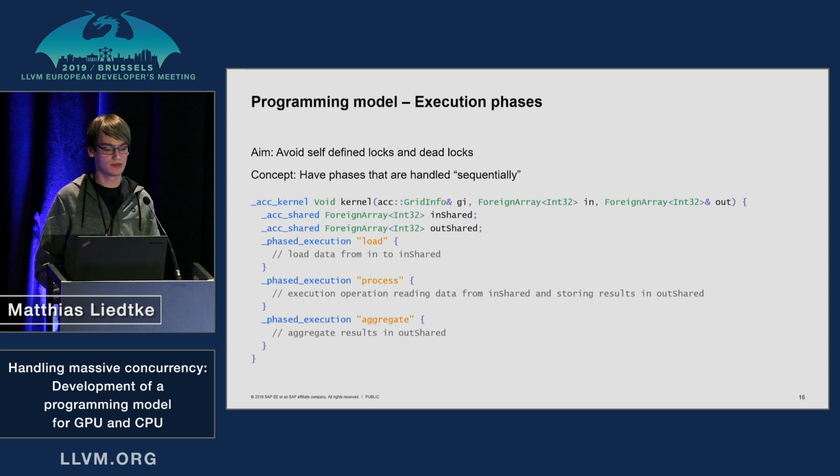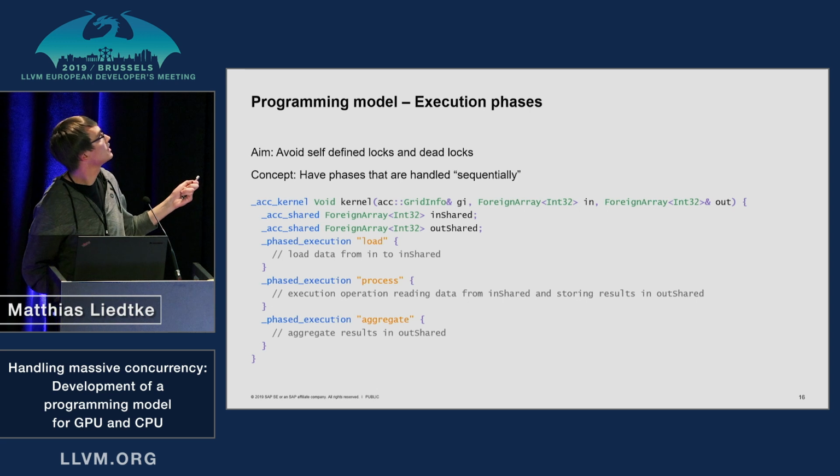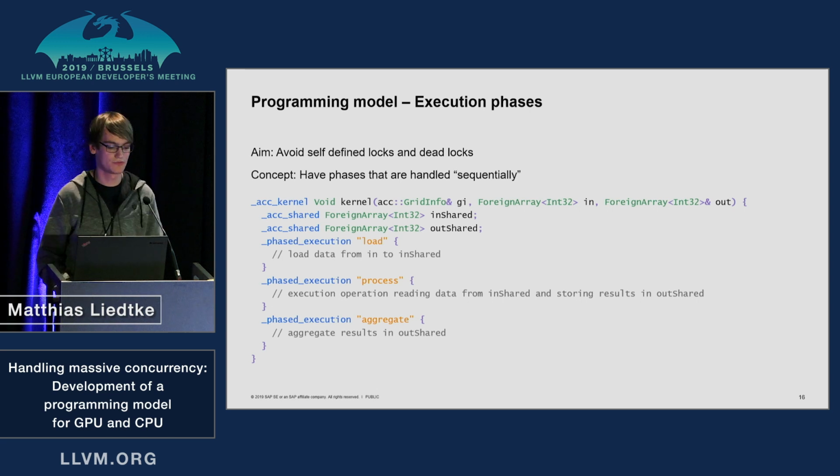Our concept is a declarative way of declaring it. Here we have some execution phases, and you can simply declare those phases, and the runtime ensures that each phase is only executed after the other. So only if all threads have executed the load phase, the process phase is executed, and so on.